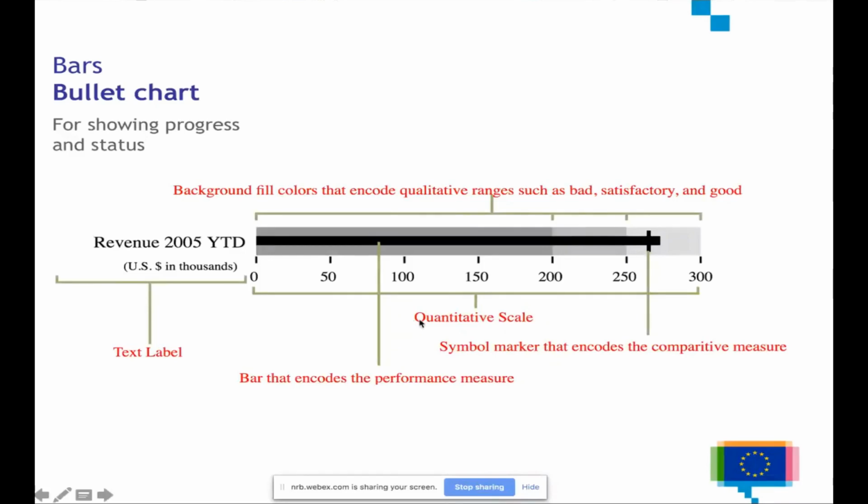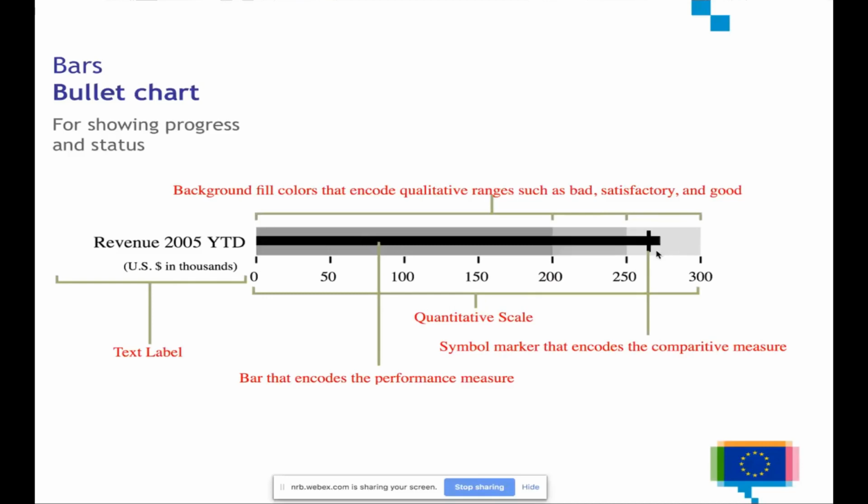So you have a little indicator here, a vertical line showing you a measure that is used to compare your current progress. So this might be a target value, or this might be the value of the indicator that you had last year. And so it's allowing you to compare the current status or the progress that you are making for this indicator in this particular moment in time.